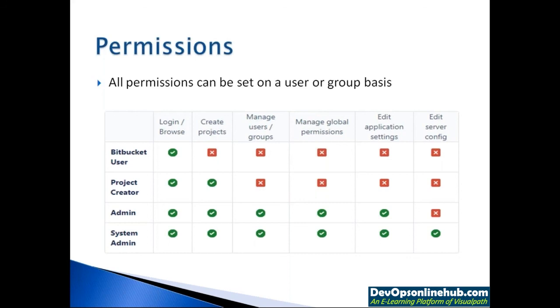So I think you all got an idea how to create users, groups, and permissions, and what permissions there are. A quick idea about how to create users: when you open Bitbucket, if you are admin, you can create users.